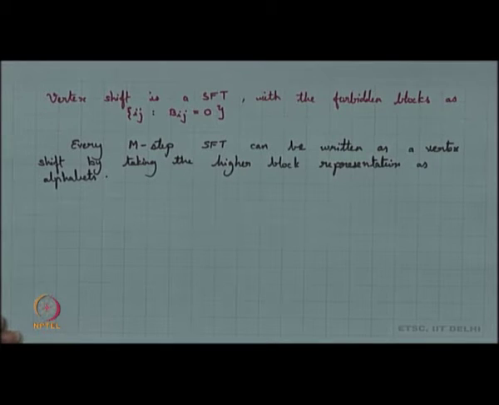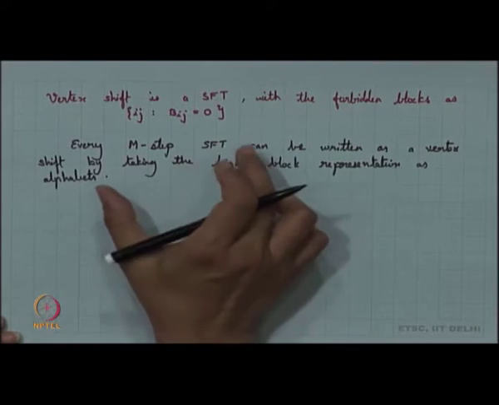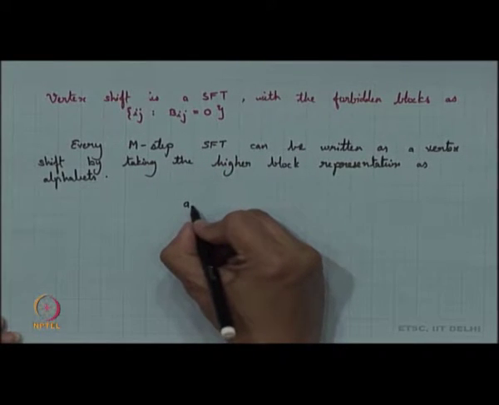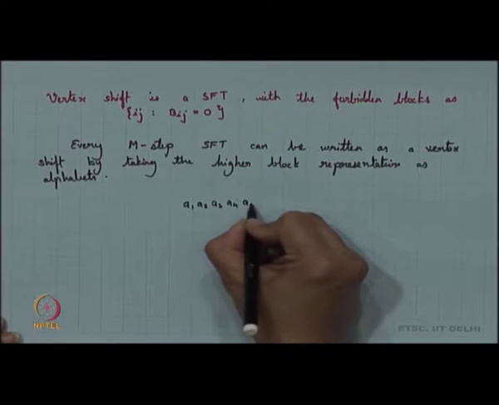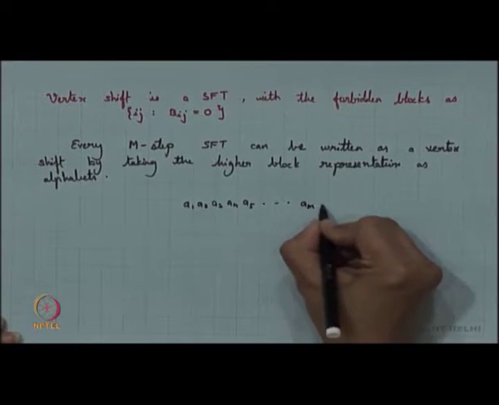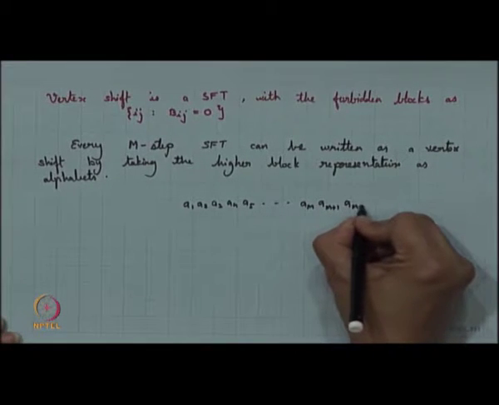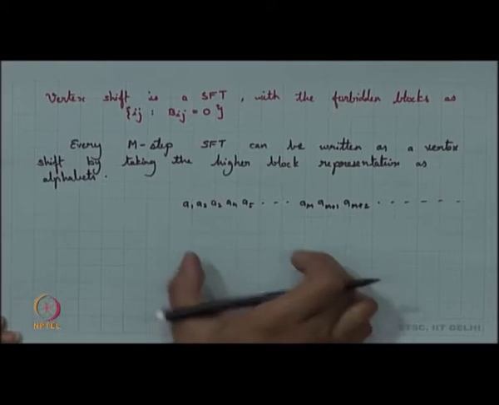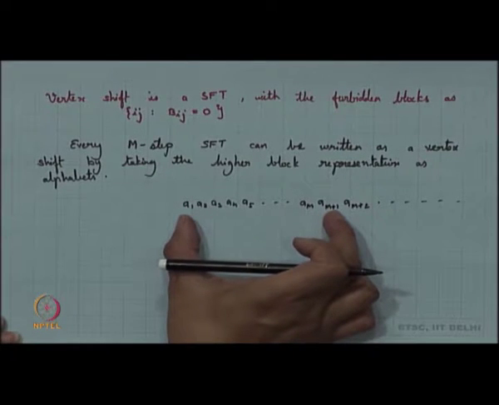So, what you have here is that supposing I look at a block. Every subshift of finite type will be m step. Supposing I am looking at the block A1, A2, A3, A4, A5, up to A_{m+1}, A_{m+2} and so on, then we know that A1 up to A_{m+1} is permissible.